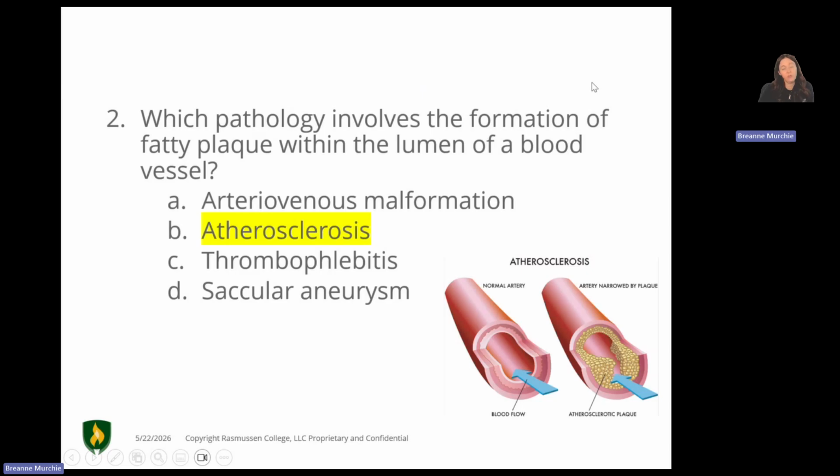Sclerosis means hardening, so that plaque can harden and it can cause increase in pressure of blood pressure because the pathway for the blood to flow is smaller. So in order to get the same amount of blood through that narrow pathway, it needs to go faster. So it can cause lots of complications. So atherosclerosis is our answer there.